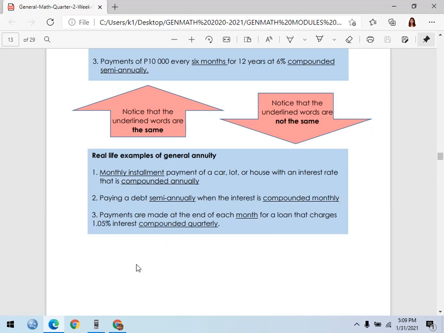And number 3, payments are made at the end of each month for a loan that charges 1.05% interest compounded quarterly. So, nagbabayad siya each month or monthly, and then interest is compounded quarterly or 4 times a year. So, magkaiba ulit sila. Therefore, this is also an example of a general annuity.